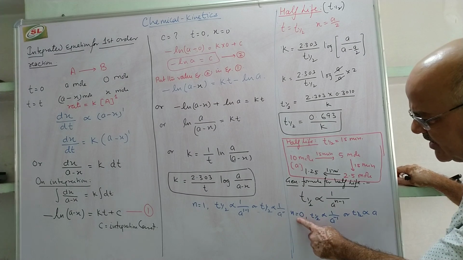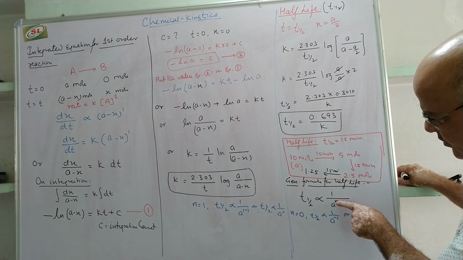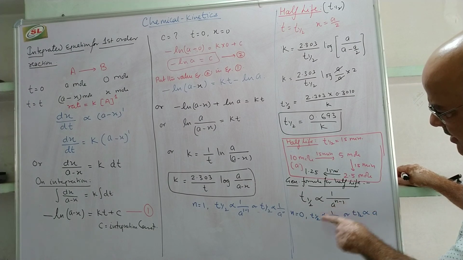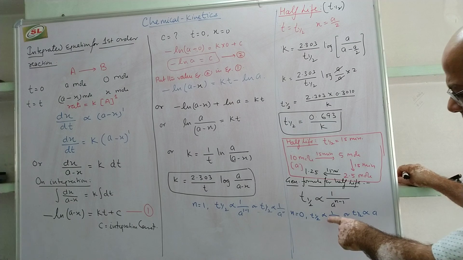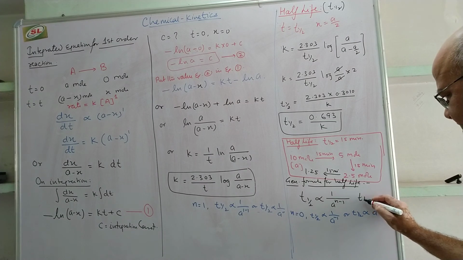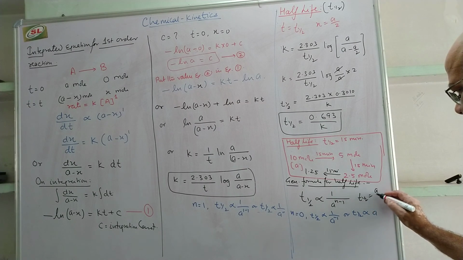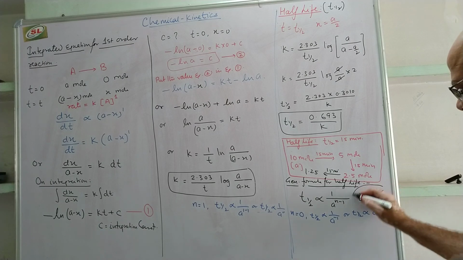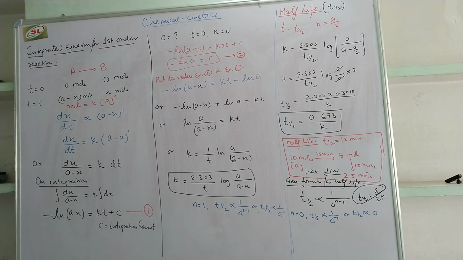Suppose we are talking about zero order; we put the value 0 here. Then t half is inversely proportional to a to the power minus 1, that means directly proportional to a. As we saw in the zero order, t half was equal to a upon 2k. You can see it is directly proportional.